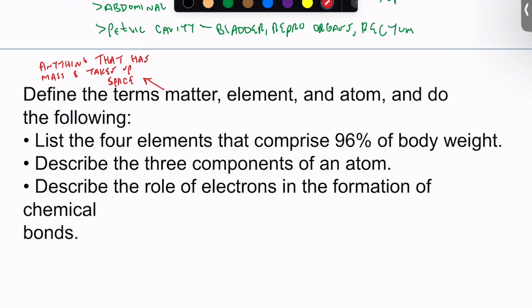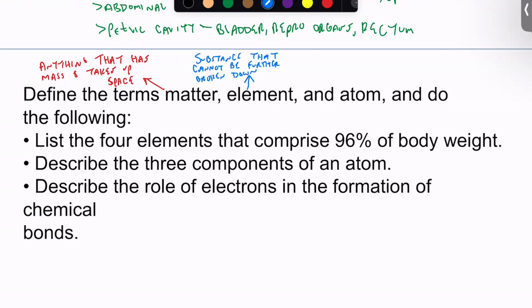And so an element, it's a substance that cannot be further broken down. So some big examples.